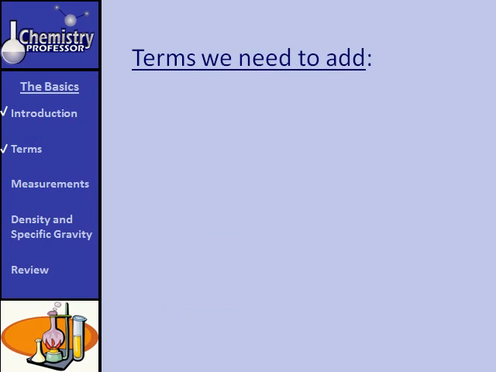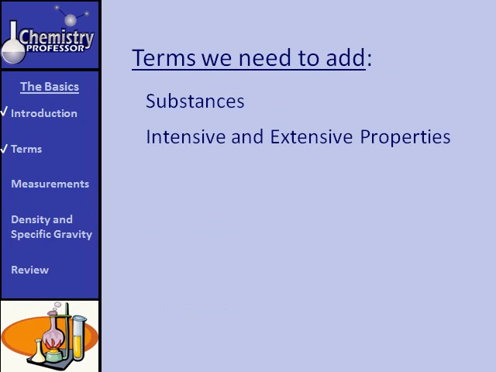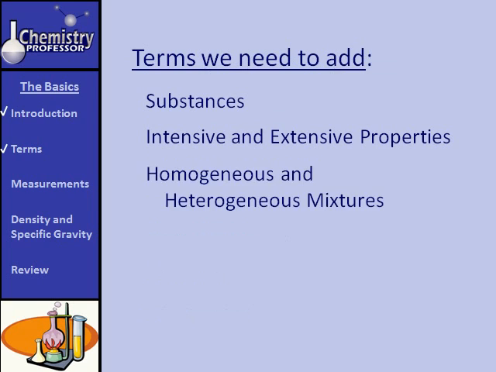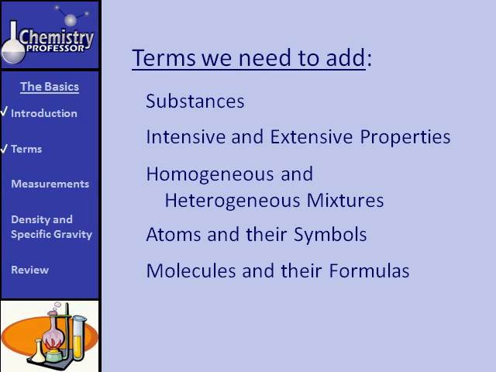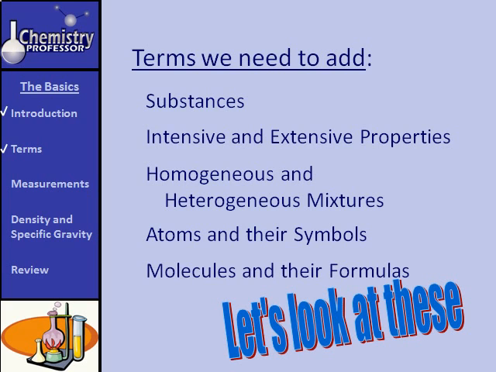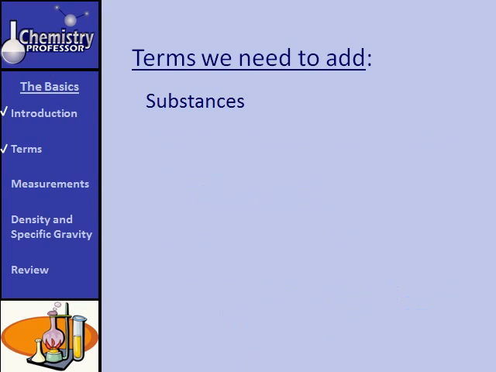There are several terms we need to review and make sure we're on the same page. Substances, intensive and extensive properties, homogeneous and heterogeneous mixtures, atoms and their symbols, molecules and their formulas. Now we're going to take a minute and look at each of these individually. Let's start with substances.